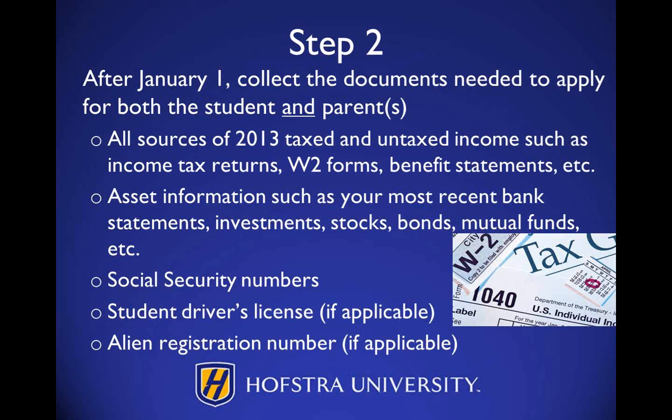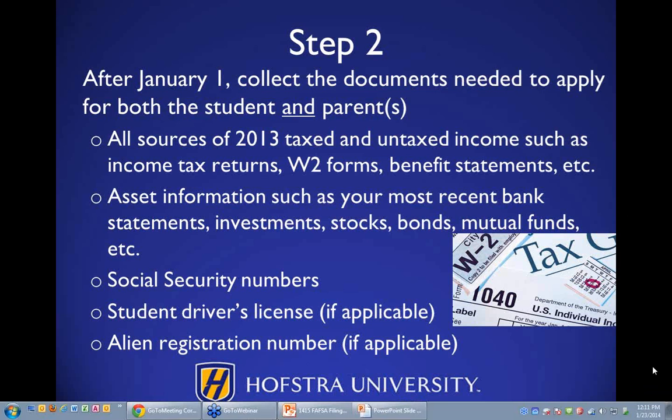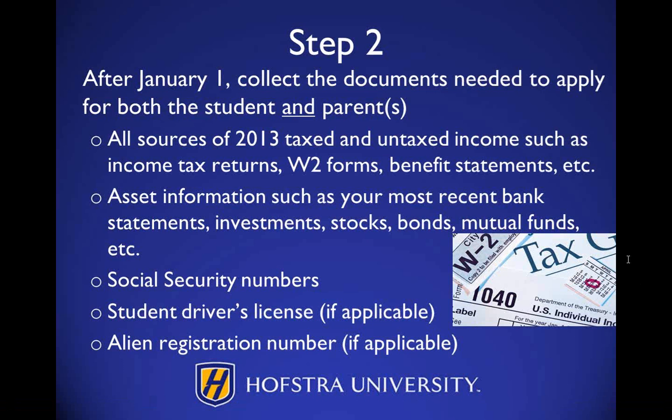Also, for this year, for 2014-15, we would be collecting all sources of 2013 taxed and untaxed income, such as income tax returns, W-2 forms, benefit statements, etc. In addition, asset information, such as your most recent bank statements, investments, stocks, bonds, mutual funds, etc. Your Social Security numbers, the student's driver's license number, if he or she has one, and an alien registration number if the student has one.